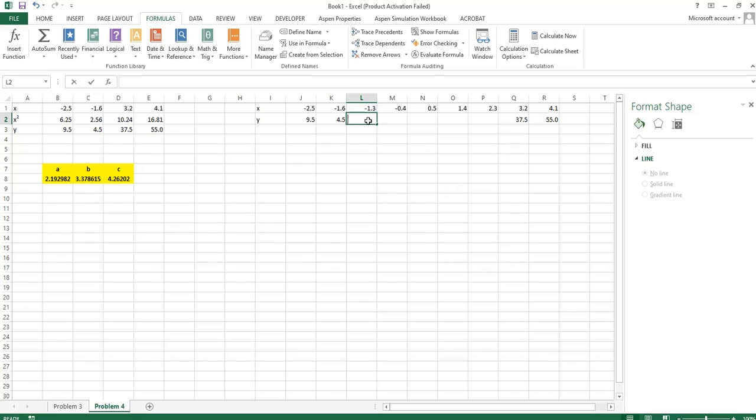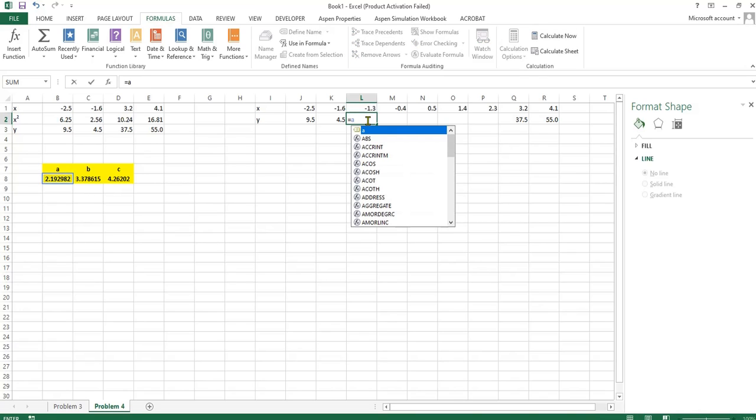Now I'll just say L1 will be equal to A, because see, that cell is active now, it has been selected.